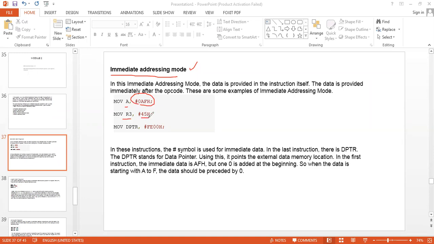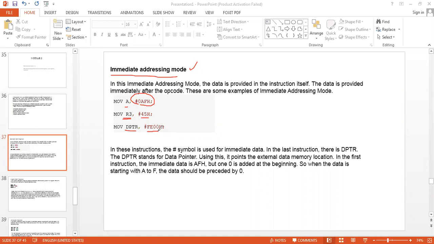So I am storing 45H. Whatever data I write is going to be written into the register. R3 will hold 45H. Now, DPTR is a 16-bit register. So I have to give 16-bit data for the DPTR register.